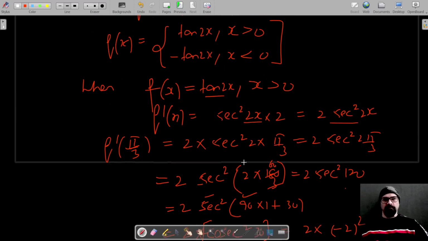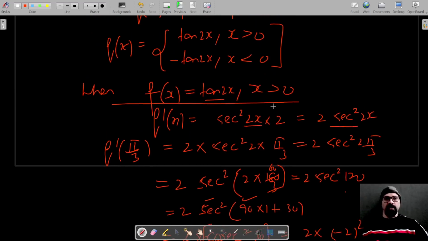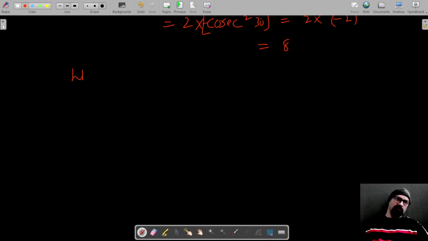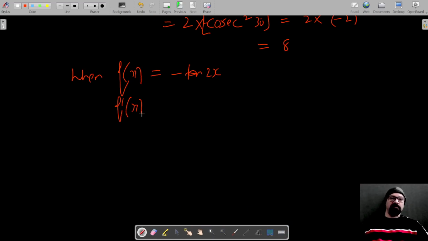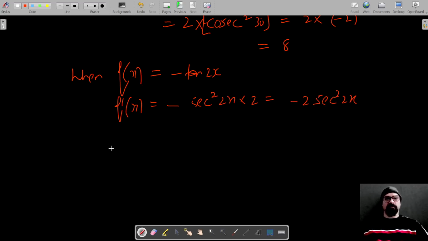And similarly, we have to find the value when f dash x. So when f of x is equal to negative of tan 2x, its differentiation f dash is equal to negative secant square 2x into 2, and this is equal to negative 2 secant square 2x. We have to find its value at pi by 3. So everything else is same, just the negative sign.